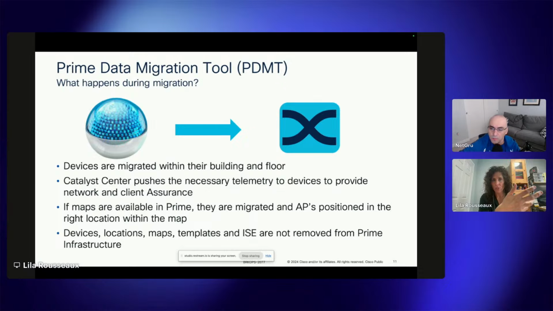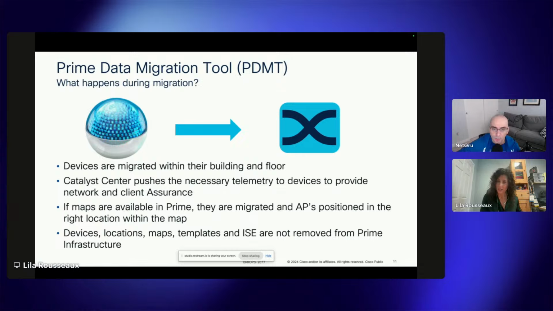That switch, from the Catalyst Center perspective, is assigned to that building, which means that we are already pushing at that moment all the Catalyst Center telemetry that Catalyst Center needs from that switch. So the moment the migration finishes, you already have in those devices all the telemetry that you require to start gathering assurance.